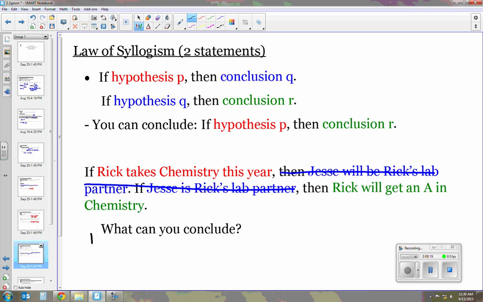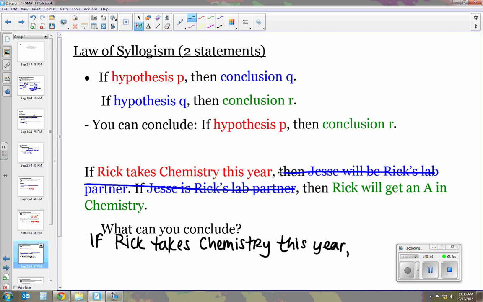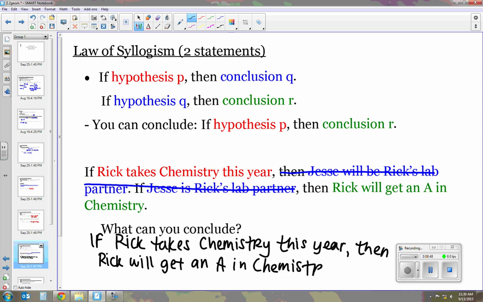If Rick takes chemistry this year, then Rick will get an A in chemistry. And that's our brand new conclusion. So I'm going to show you two more examples of this.